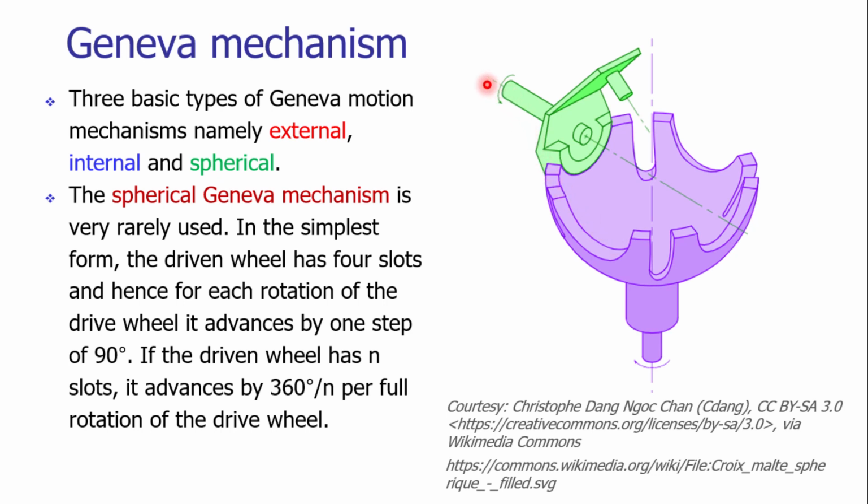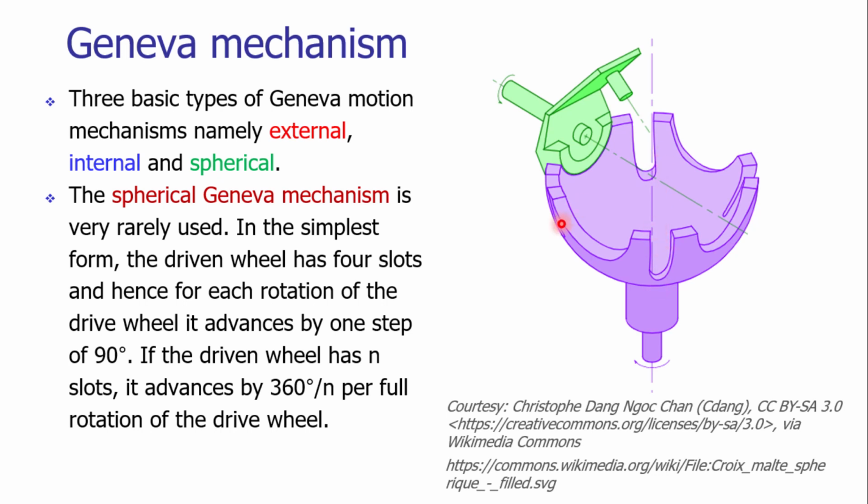An important advantage of the spherical Geneva mechanism is that we can have an orthogonal transmission of power. Here you notice that the driving wheel axis is 90 degrees to the driven wheel axis.